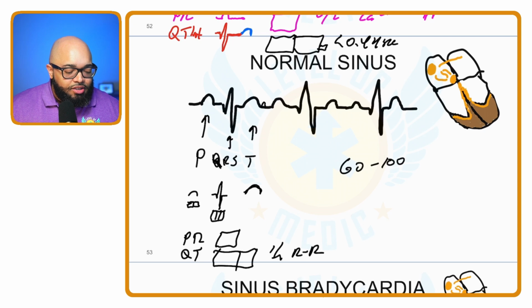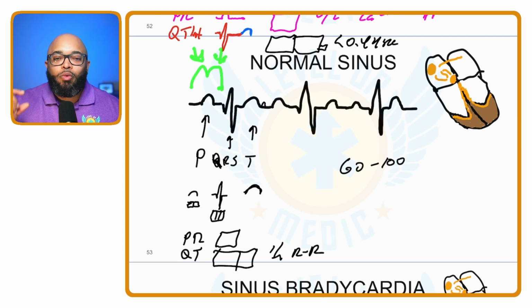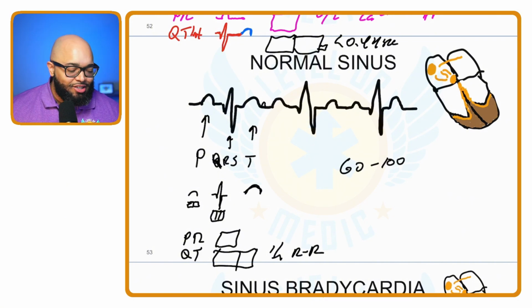When we have 2 humps, the first one is for the right atrium. The second one is for the left atrium. Whichever one is largest tells us where the abnormality is. Let's draw that a little better.